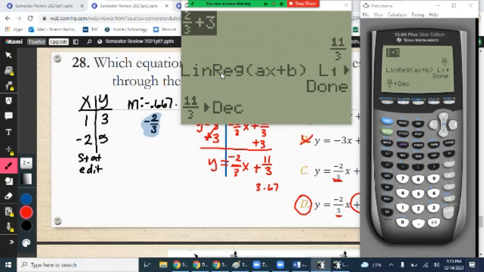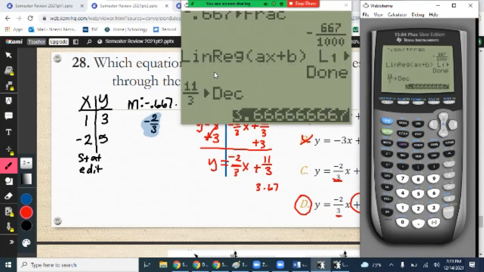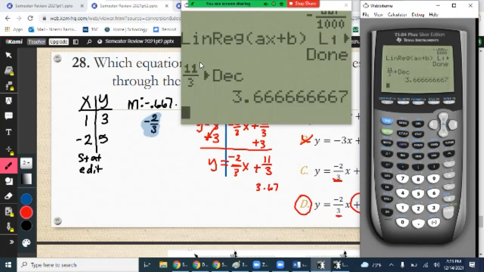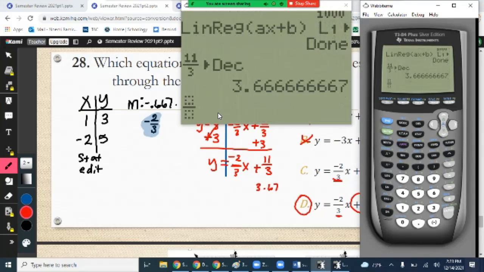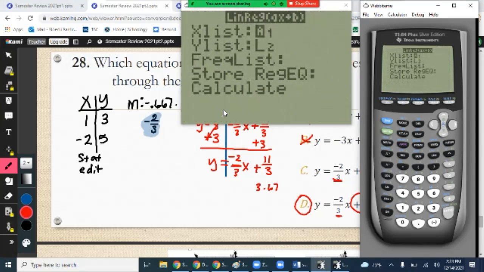Good catch, Gabby. Gabby pointed out that it is a -2/3 and I typed it in as a positive. Wait, it shouldn't be -2/3 though. It should be 2/3. It should be positive. Watch, hold up.